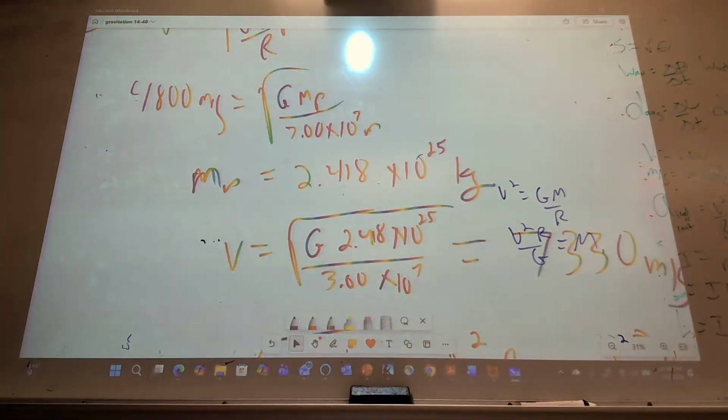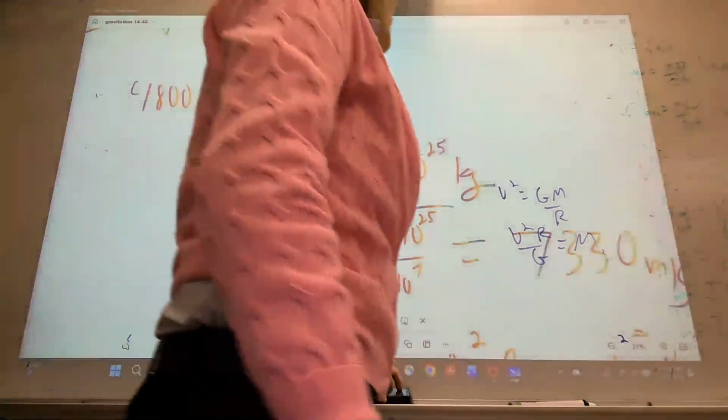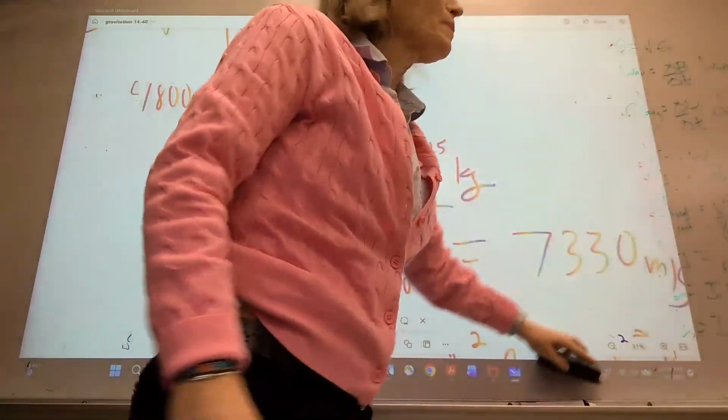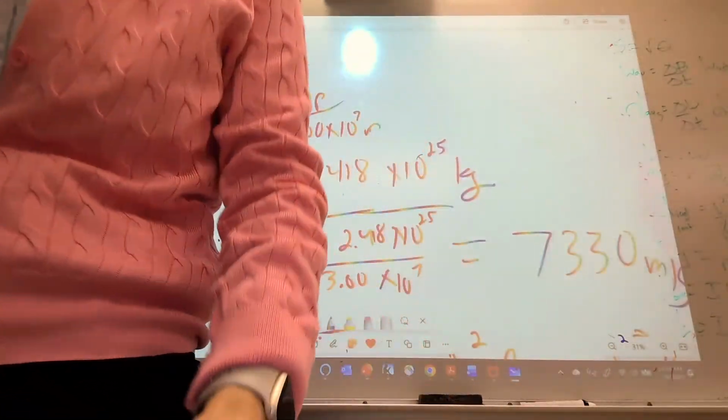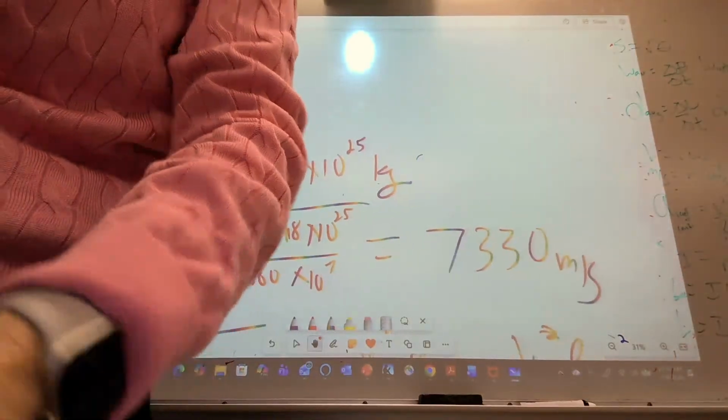We get 7,330 meters per second. Once we get our mass, we just plug in the mass.